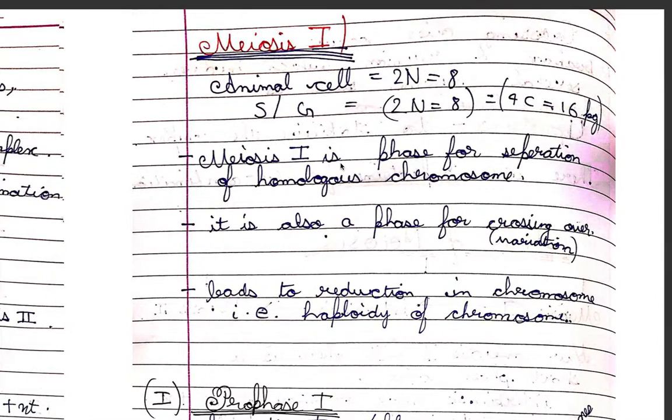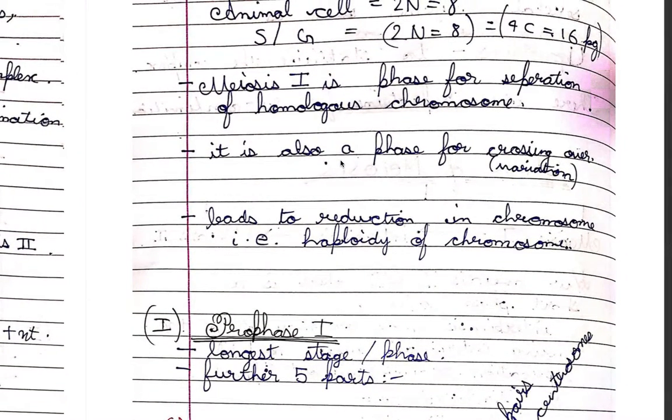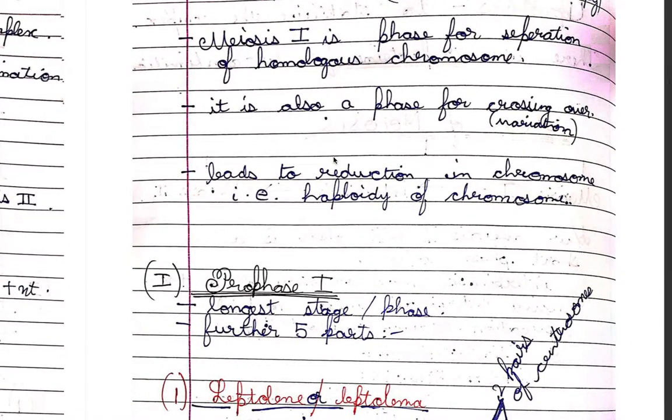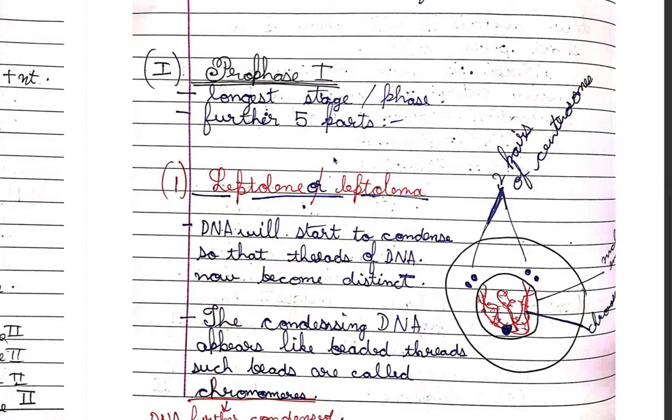Meiosis 1 is the phase for separation of homologous chromosomes. It is also a phase for crossing over, that is variation. It leads to reduction in the chromosome number, that is haploidy. Then prophase 1, the first one.